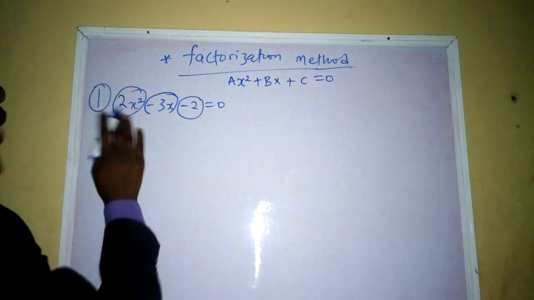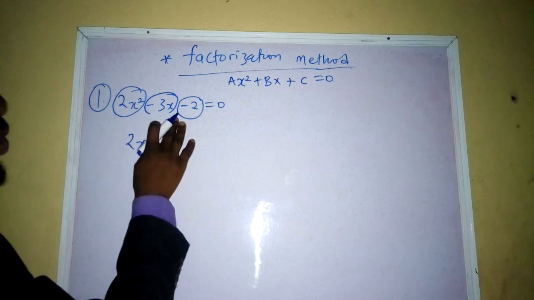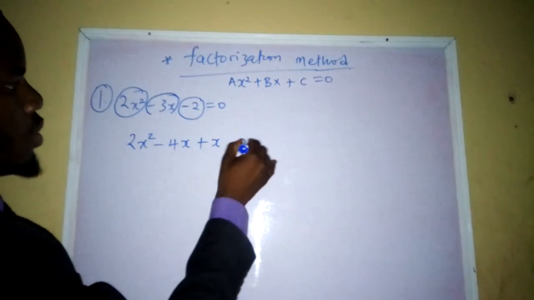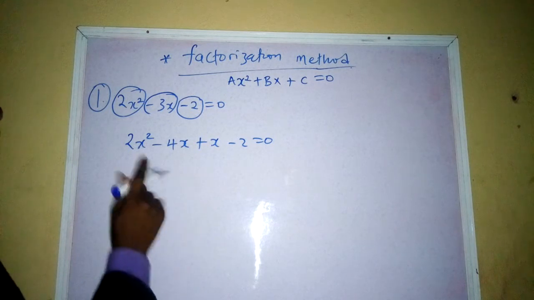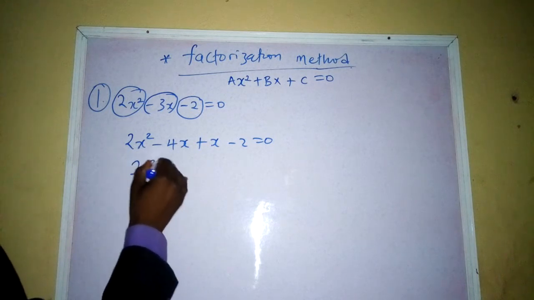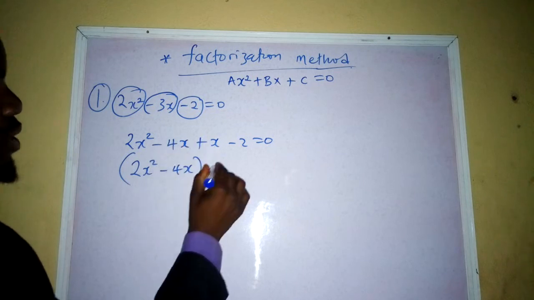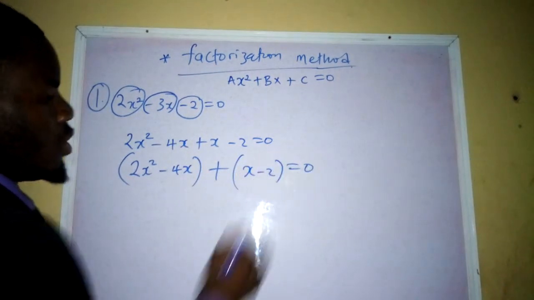Then we are going to have this 2x squared. Don't forget that we are replacing the middle term by those factors: minus 4x plus x, then minus 2 is equal to 0. Next, what we do, we group them together. Let's have 2x squared minus 4x, then plus, open bracket, x minus 2, is equal to 0.